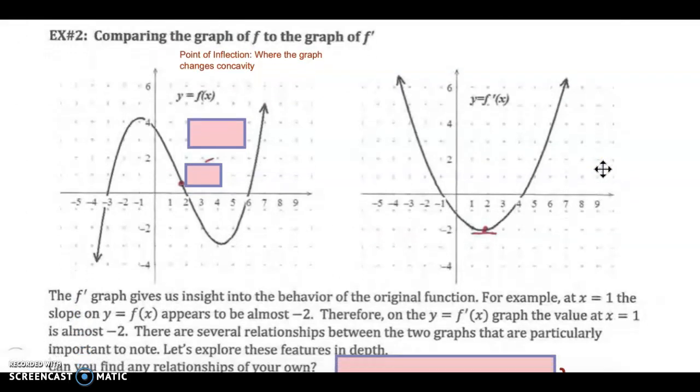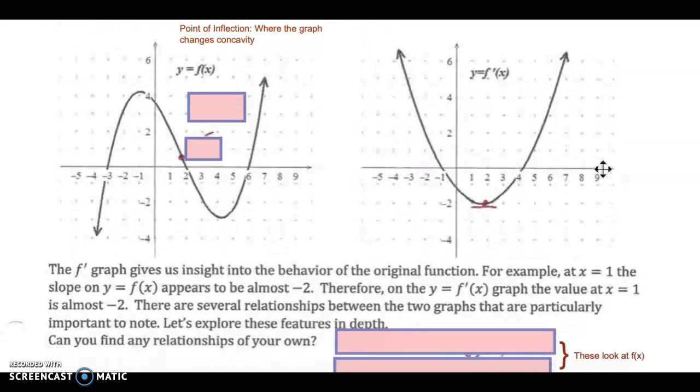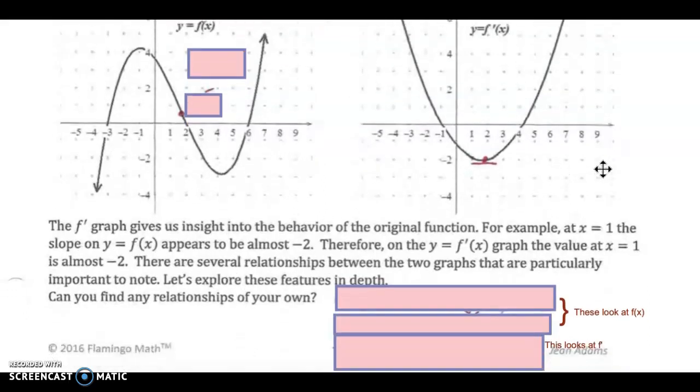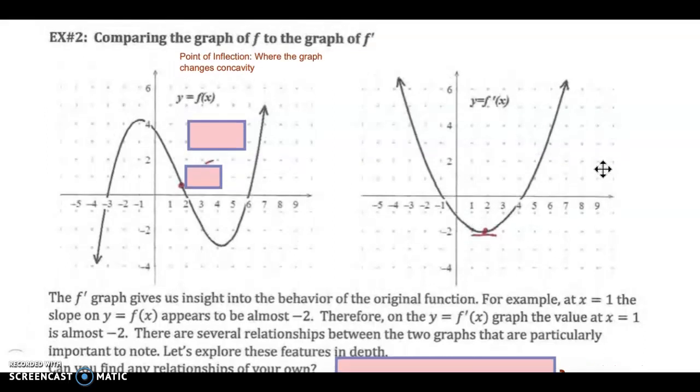All right, example 2, it says comparing the graph of f to the graph of f prime. So I'm going to have to scroll up and down because we'll have to answer some questions and then look at the graphs. But I want to talk about one thing really fast. You may have heard me mention points of inflection or concavity before.